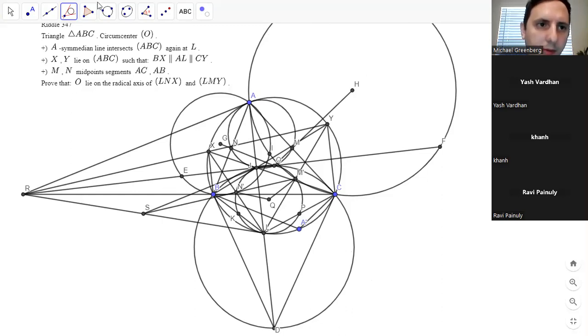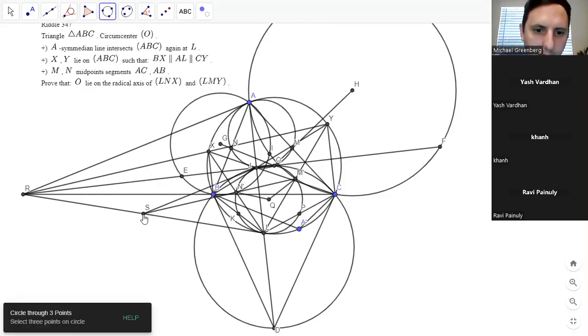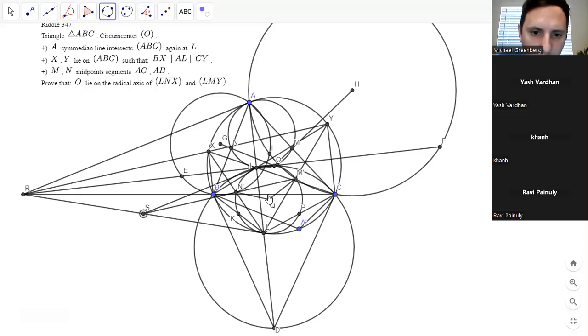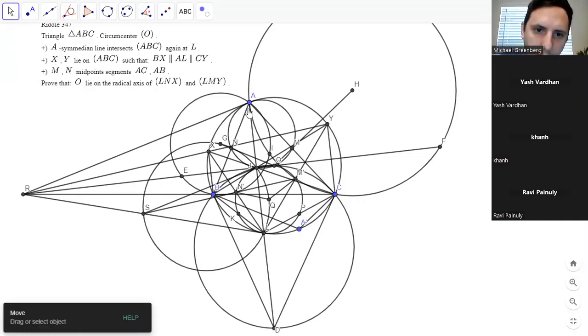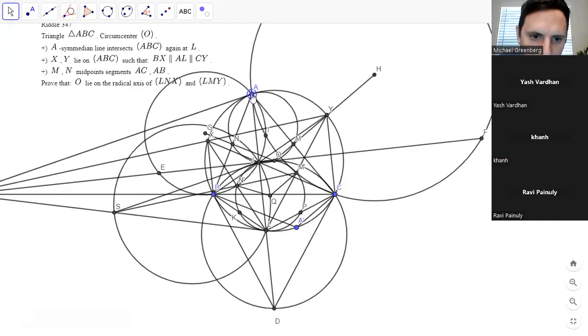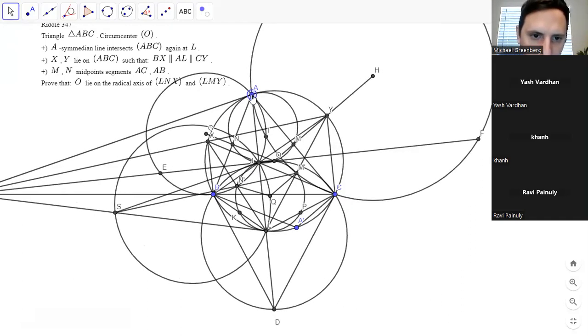We do know that this is cyclic. Does it? I think that's a coincidence. I don't think it actually passes through the point. Yeah, it's a coincidence.